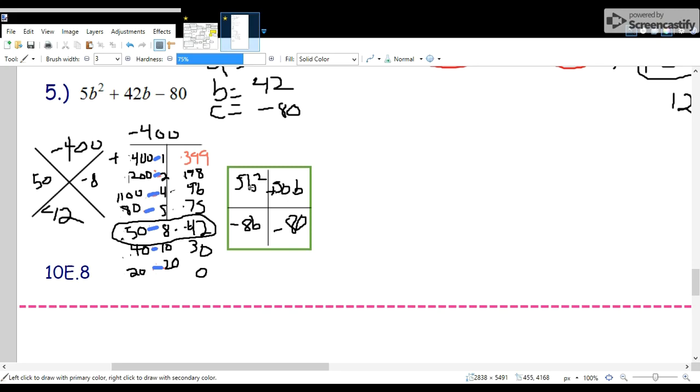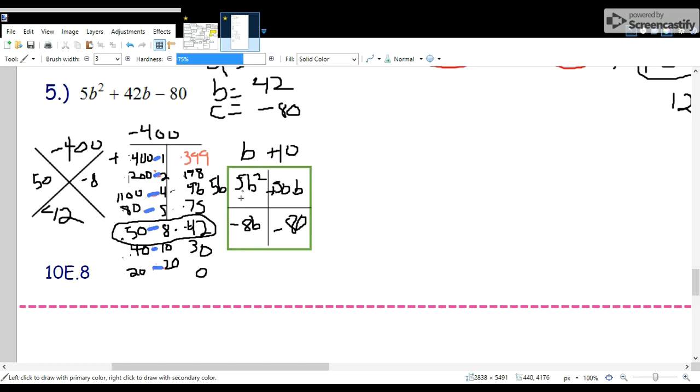From here, we're going to factor out the GCF out of these two terms. The GCF of 5 and 50 is 5. The GCF of b squared and b is b. 5 and negative 8 do not have a GCF, and b squared and b would be b. 5 times 10 would be 50.